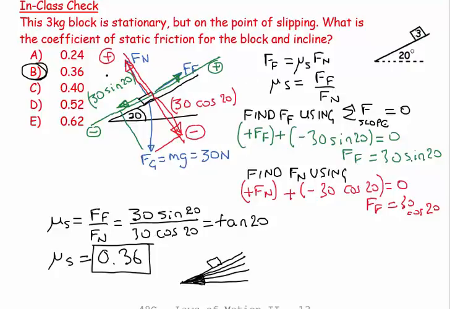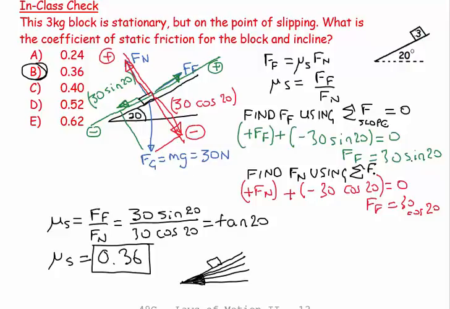So what did we do? We basically had a good diagram. We figured out that we wanted Ff over Fn. We said about finding Ff by excluding Fn from our resolution of forces. We realized we'd have to resolve our forces along the slope. We then tried to find Fn without involving Ff, so we realized we could resolve our forces perpendicular to the slope. Again, I didn't write that down, I'm sorry.